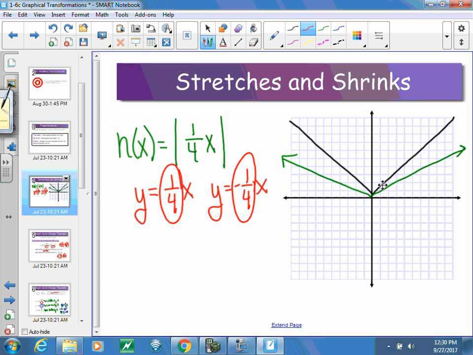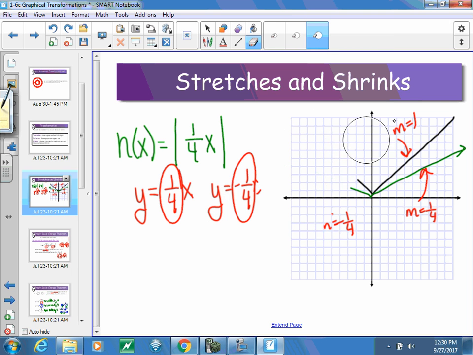Of your parent function, you have a slope of +1 and a slope of -1 on the two branches of your absolute value. Here, that 1/4 is now telling you what your new slope is. And a slope of 1/4 is going to be less steep than a slope of 1. And here my slope would be -1/4. So that's another way to help you think about it.